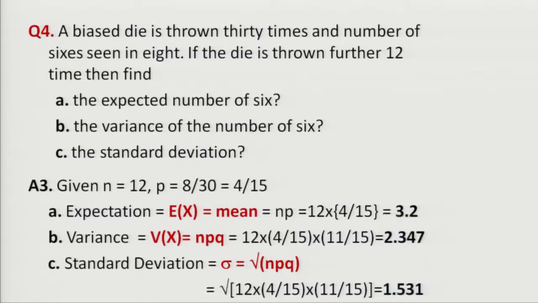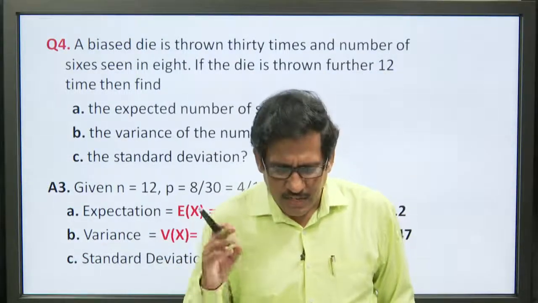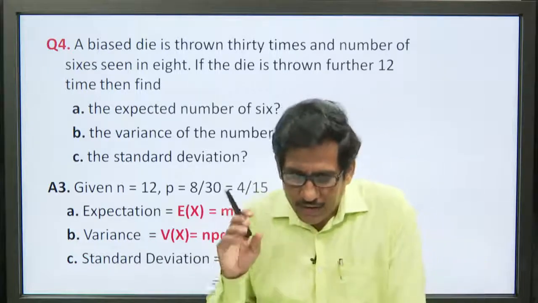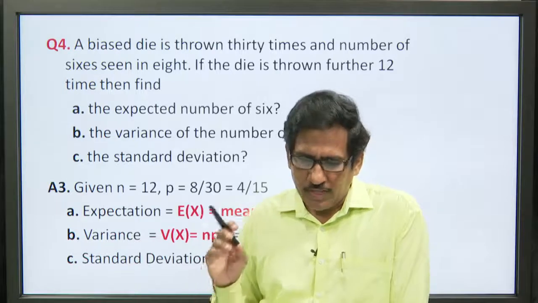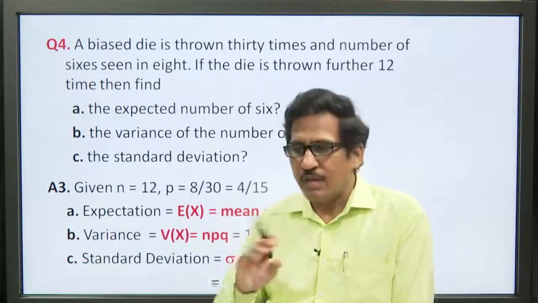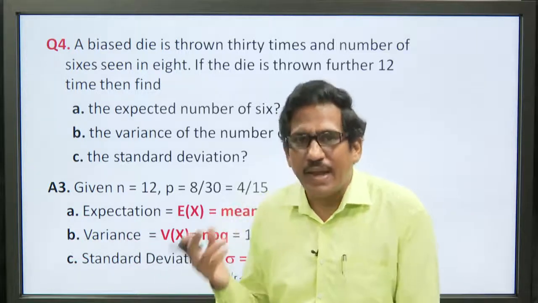In a biased die, of course, rolling a die is always unbiased, but in this case there is a biased die thrown 30 times, and the number 6 is seen 8 times, meaning when we throw the die 30 times, 6 occurs just 8 times.